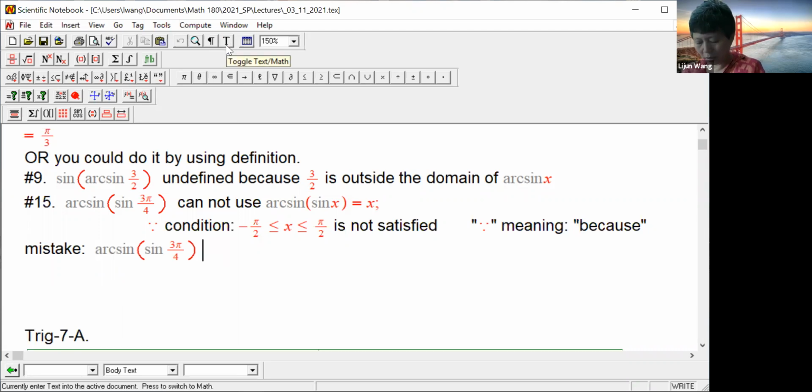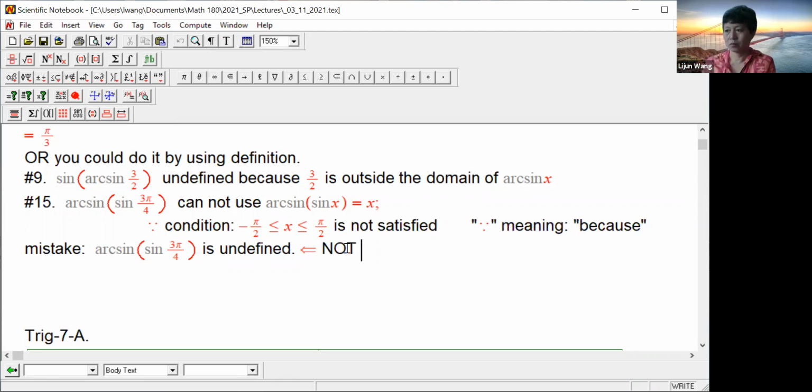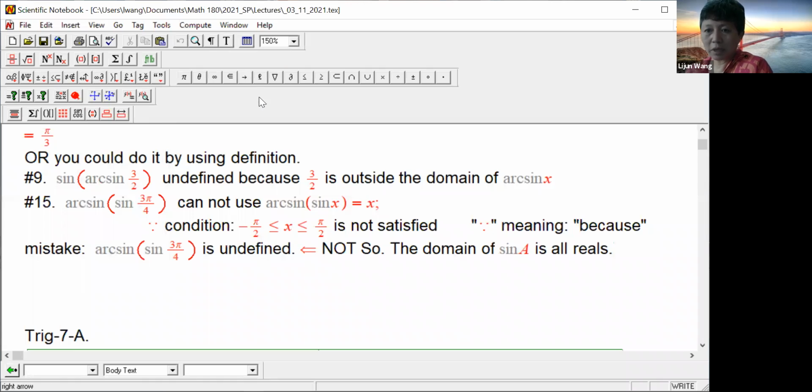They tell me it's undefined. This is a terrible mistake. Okay. Not so. The domain of sine is all real numbers. Is all real numbers. Okay, so that reason is not correct either.